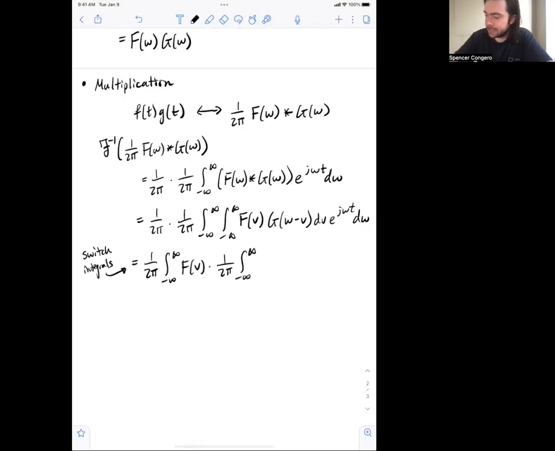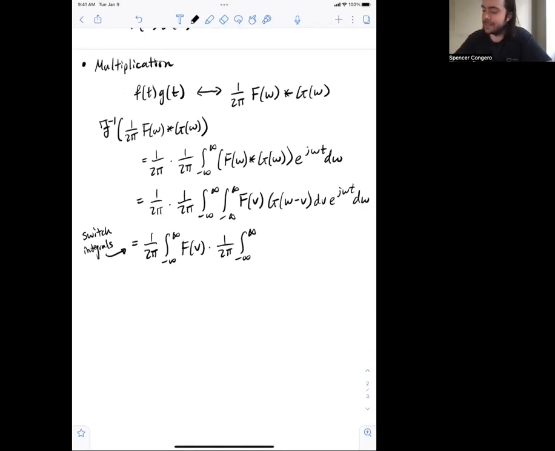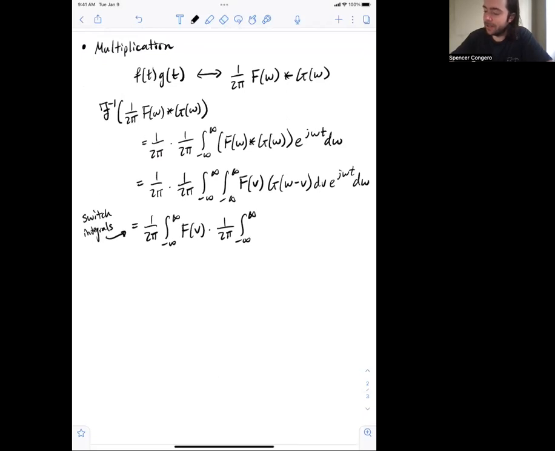You can see I'm trying to write this as an inverse Fourier transform formula. Now I have G of omega minus v, that's left over. I have e to the j omega t d omega dv.